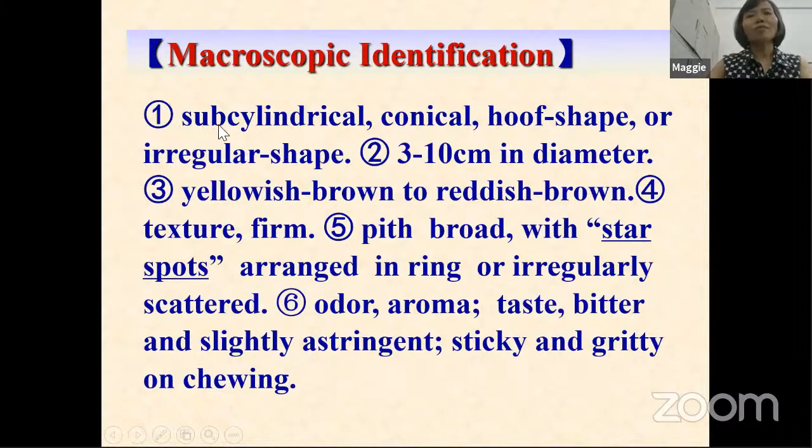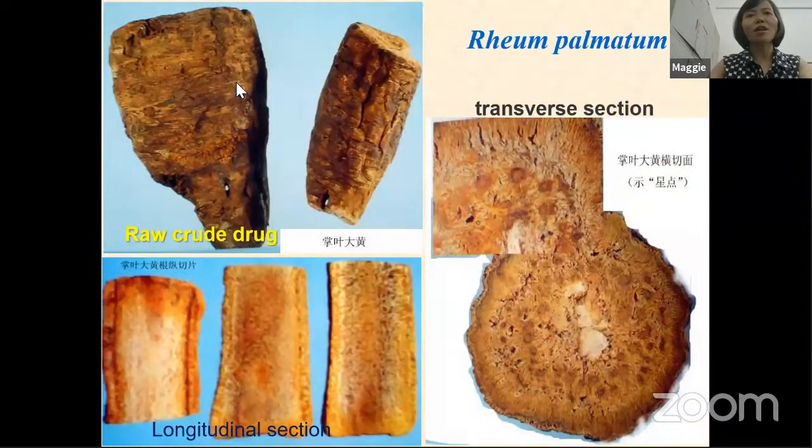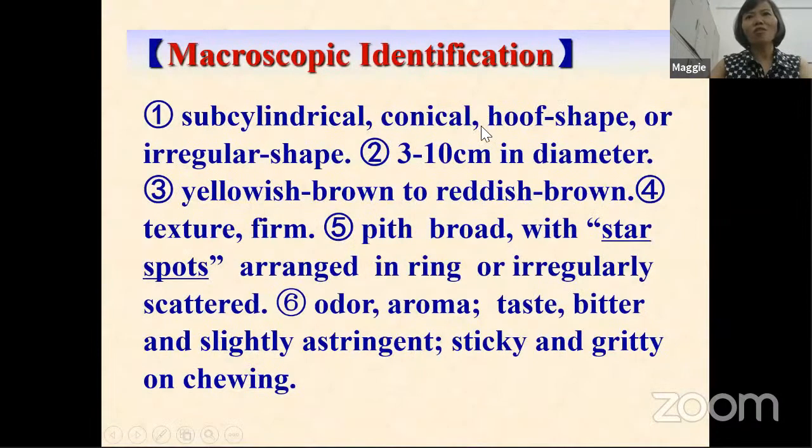The shape is subcylindrical, conical, hoof shape, or irregular shape. So look at this picture. The left, the shape of the crude drug, cylindrical or irregular. Some of them are conical or hoof shape. So this is the shape of rhubarb.